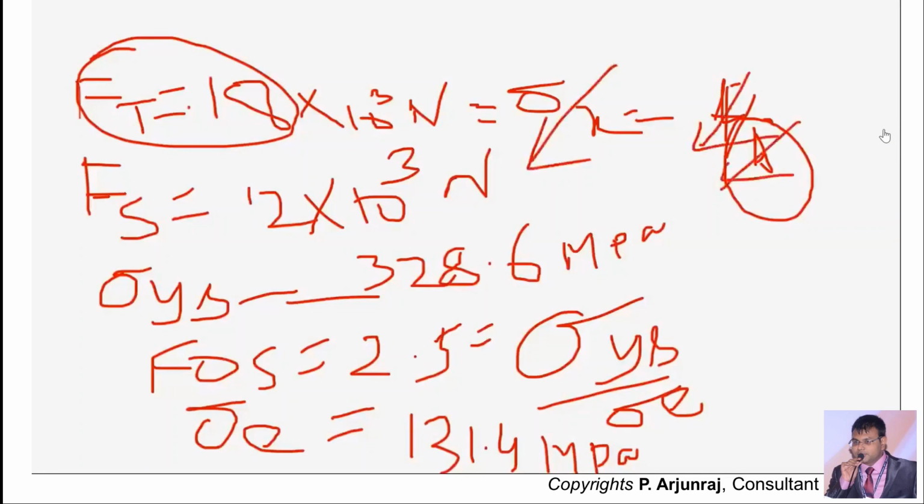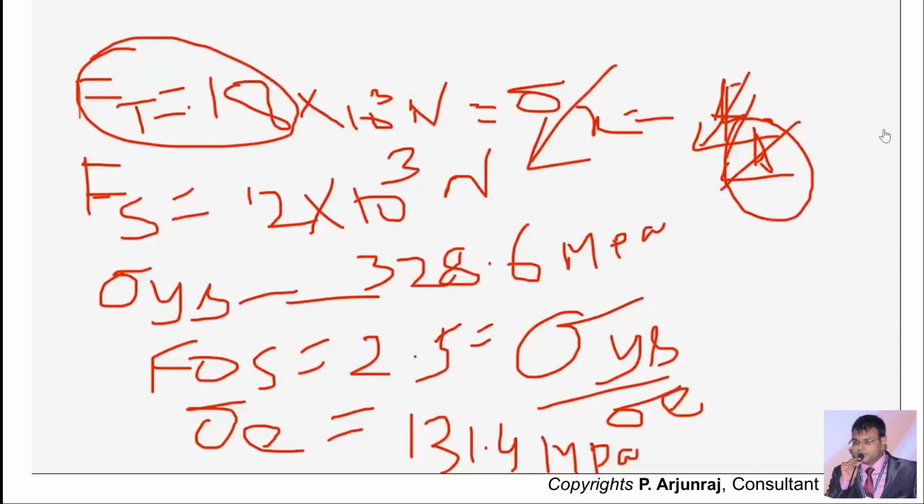Now we are going to use all the four theories to get the individual diameter basically. You will have four different diameters: a different diameter for the Rankine theory, a different diameter for the maximum shear stress theory, a different diameter for the von Mises theory, and finally the Saint Venant theory of failure is going to have a different diameter.